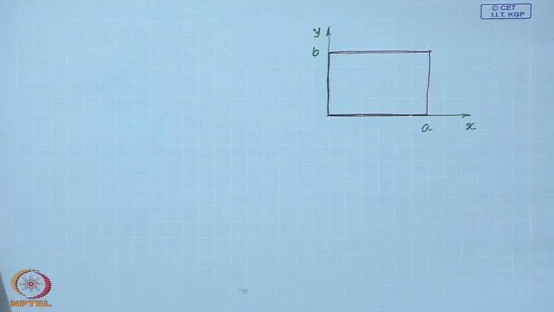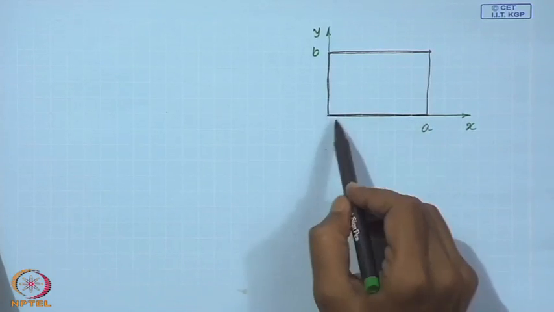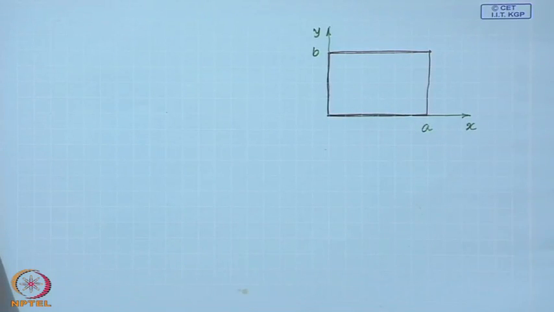So, in the x direction the length is a and here it is b again.